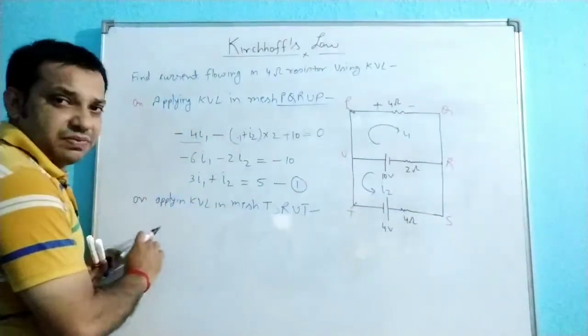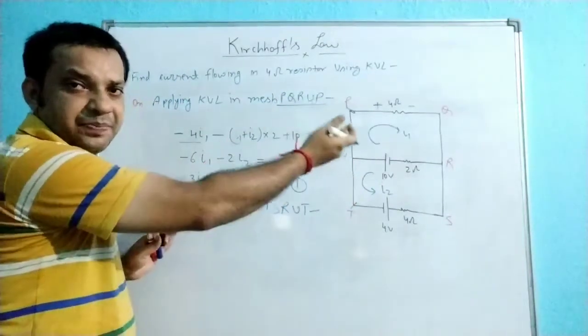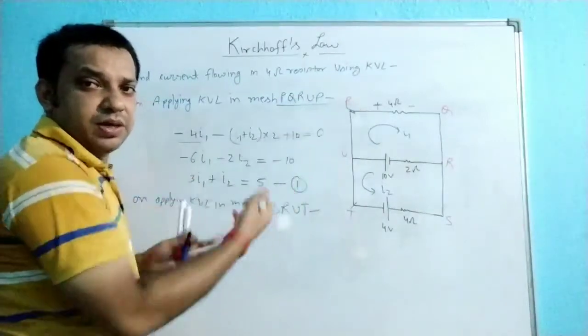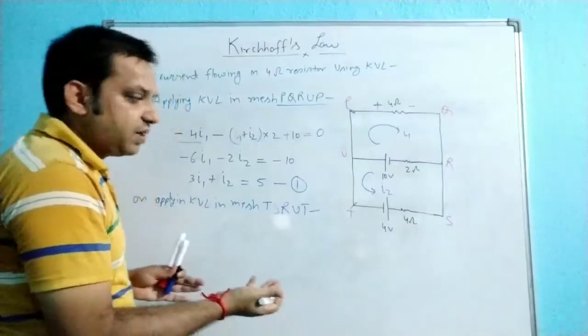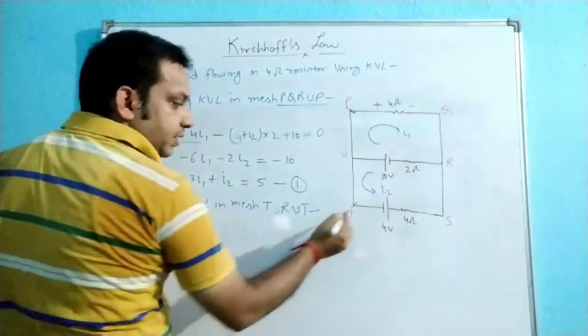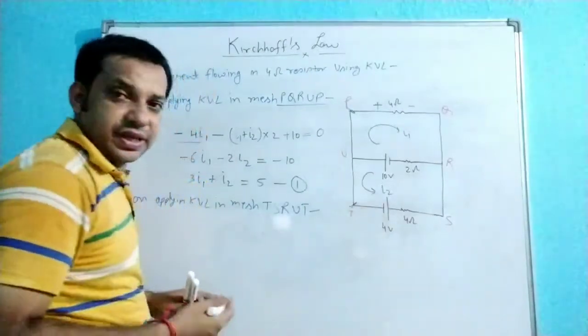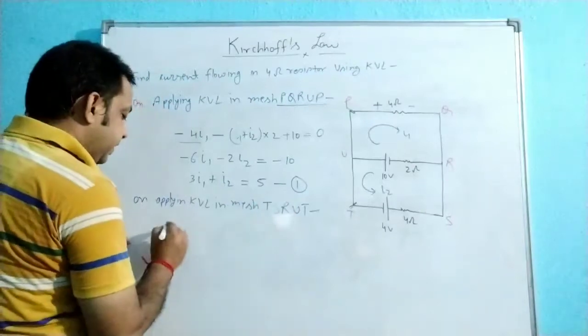I have taken the T point because sometimes you make the mistake that your starting point and ending point are not the same. That is why I am taking the T. But if you are not comfortable with that, I take it directly. So from this T, this is from minus to plus. So it's a gain of potential, lower potential to higher potential, that is gain of potential, that is why plus 4.